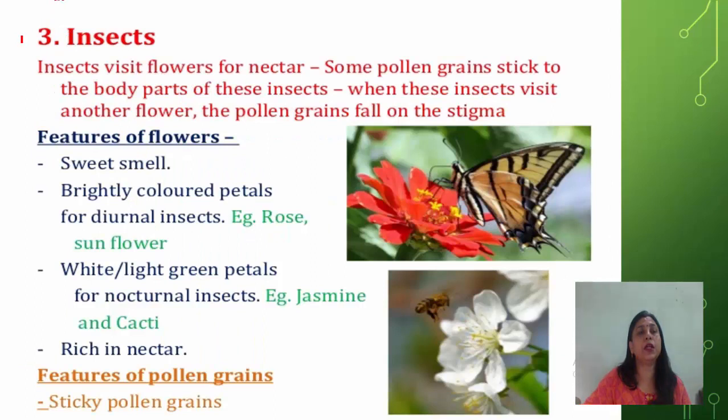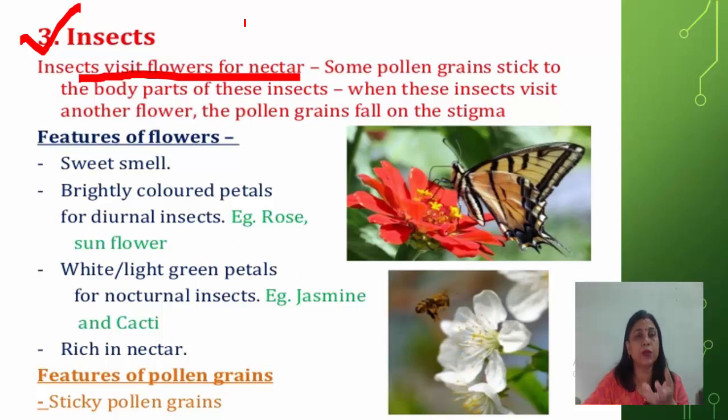Now the third is pollination by insects. Now we know insects visit flowers for nectar. That sweet smelling substance, the juice of flowers, is what insects visit flowers to drink.